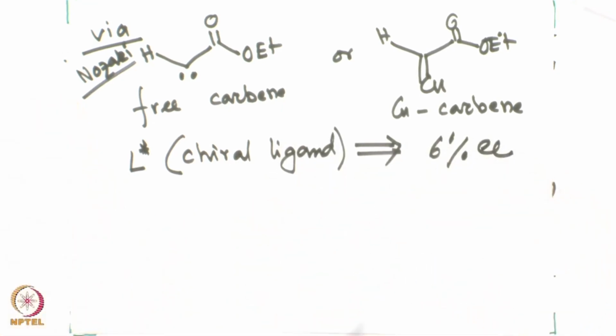So, in the presence of a chiral catalyst, one can achieve some sort of ee, although very modest at best, but still this suggests that a metal carbene is involved. It is not the free carbene that is doing the chemistry. Indeed, the metal carbene is the intermediate involved in the cyclopropanation reaction.